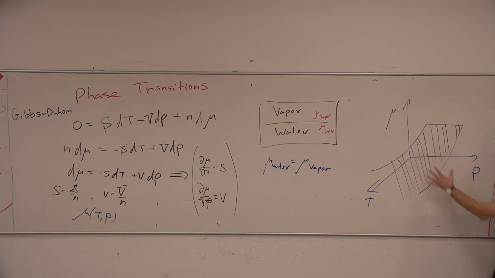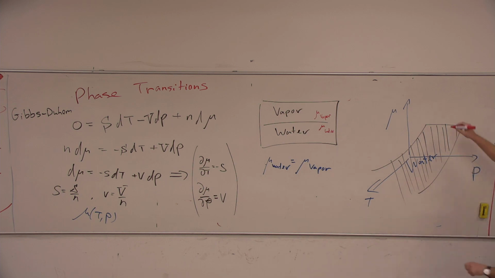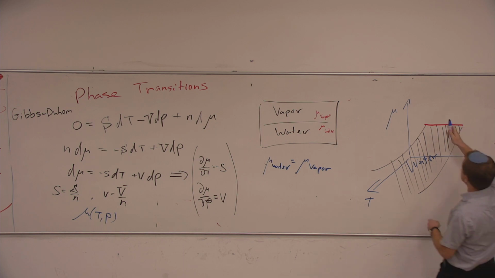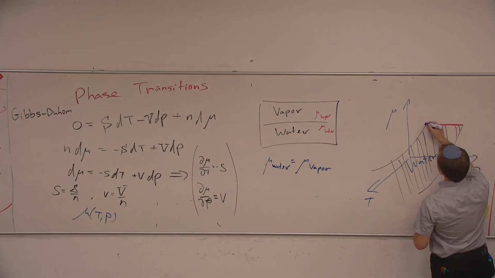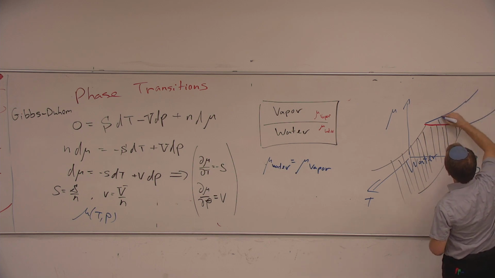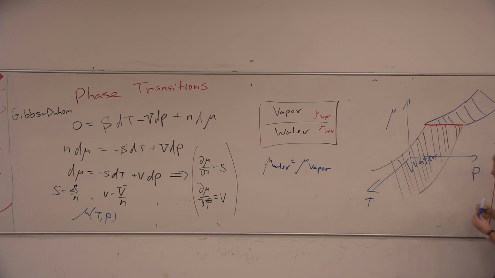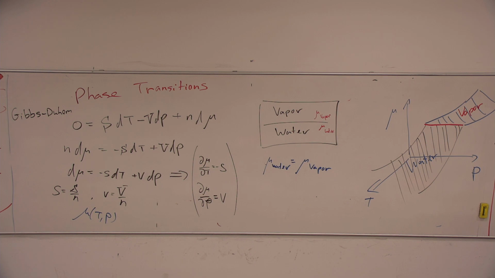Here is the description of water. Here something happens, and it's not continuously growing up. There is another two-dimensional description of vapor.